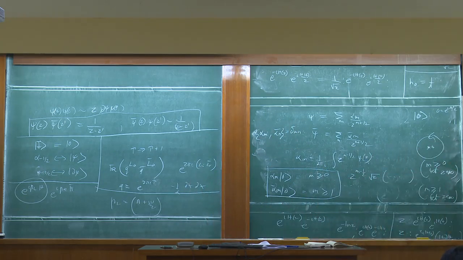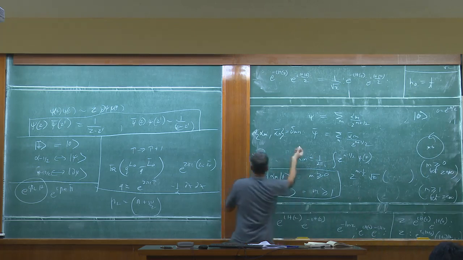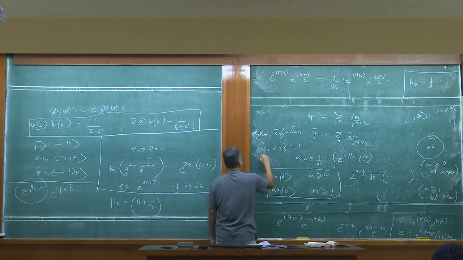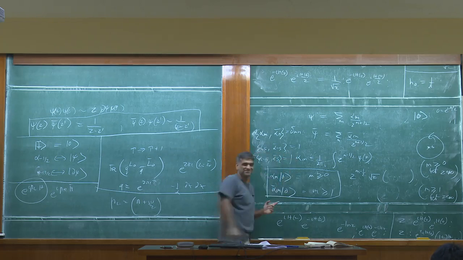So for any absolute integer value, let's say 5, there are two creation and annihilation operator sets. There's alpha 5 with alpha bar minus 5 equal to 1, but there's also alpha minus 5 with alpha bar 5 equal to 1.